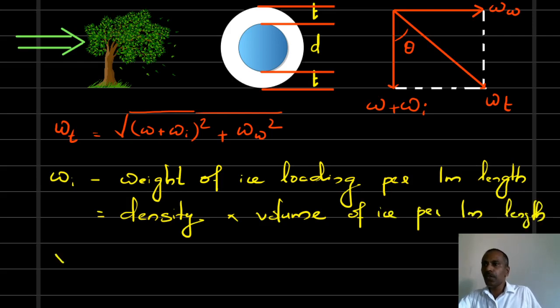The volume of ice is equal to the whole volume minus the volume of the conductor.